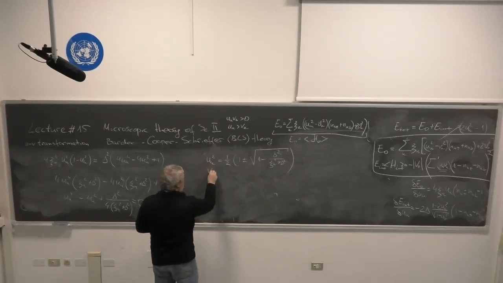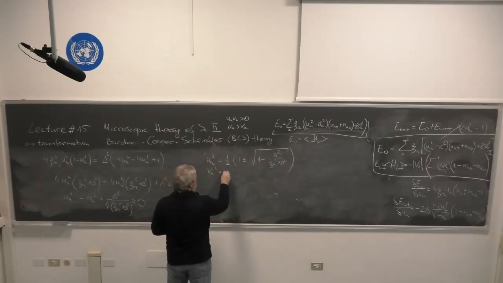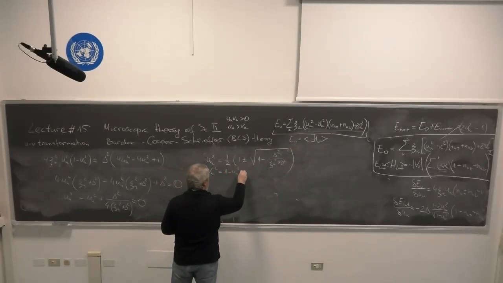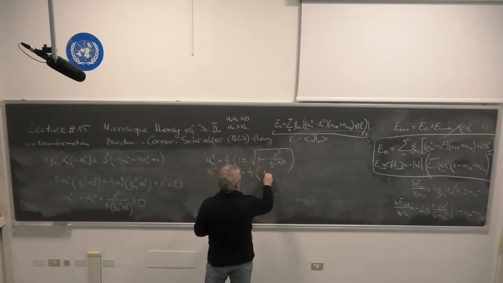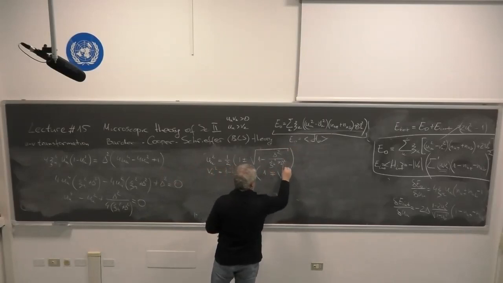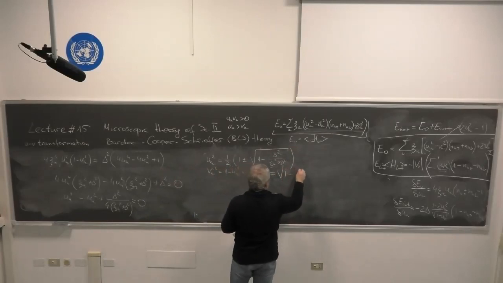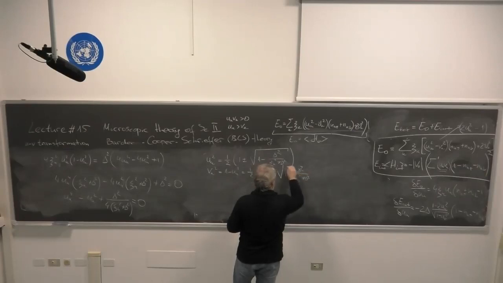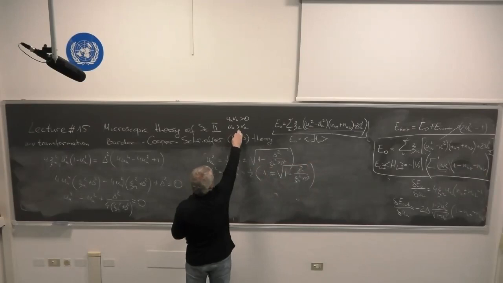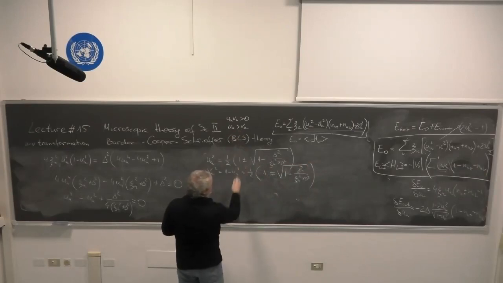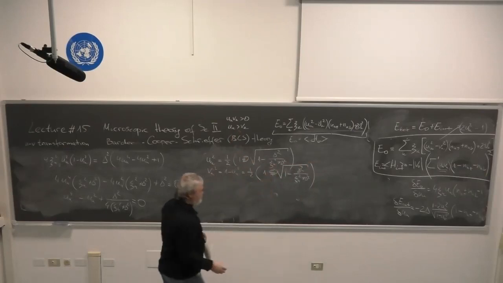Therefore, vk squared, which is 1 minus uk squared, is equal to 1/2 (1 minus or plus the square root of 1 minus delta squared over psi k squared plus delta squared). As I said, this condition tells me that u is bigger than v, therefore I will take sign plus here and sign minus there.